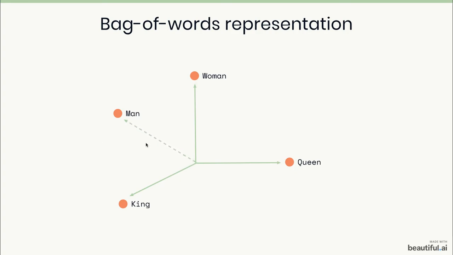Furthermore, we are also giving equal weight to all words. Since we just associated them with a single one in their dimension, man is of equal importance to king, and woman is equally as important as queen, even though queen and king, one could argue, would be rarer in a corpus, so there should be more meaning or more emphasis on that particular word.